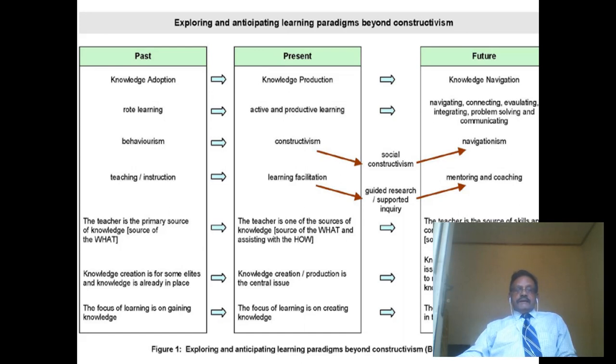Whatever prescribed text they are given, they read it and mug it up, and essay type, subjective questions would be asked most of the time, that too at the end of the year, not a semester exam or internal assessment, nothing. They have to wait for a year.